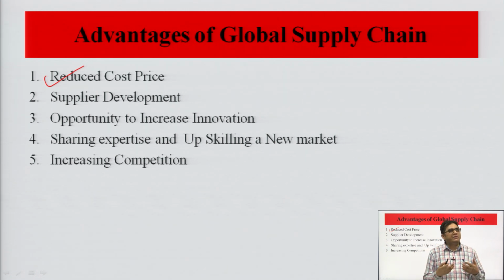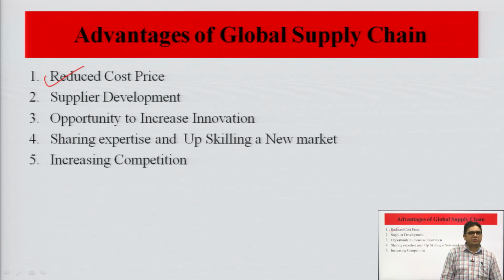Ultimately, companies are developing their global supply chain, manufacturing where the prices are lower and supplying it back where the prices are higher. This way they will be able to earn higher profits.